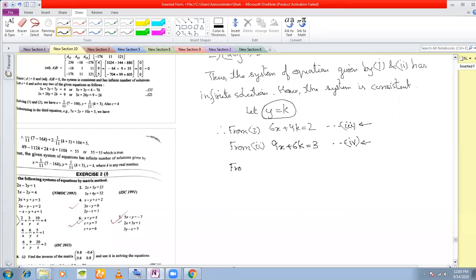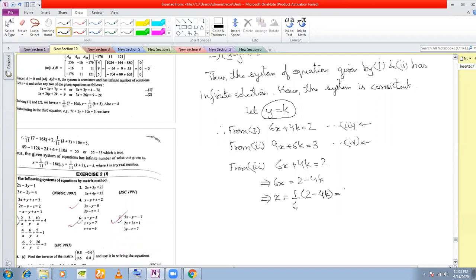Okay, we'll use 3. So from 3, we get 6x plus 4k is equal to 2. That means 6x is equal to 2 minus 4k. That means x is equal to 1/6 of 2 minus 4k.